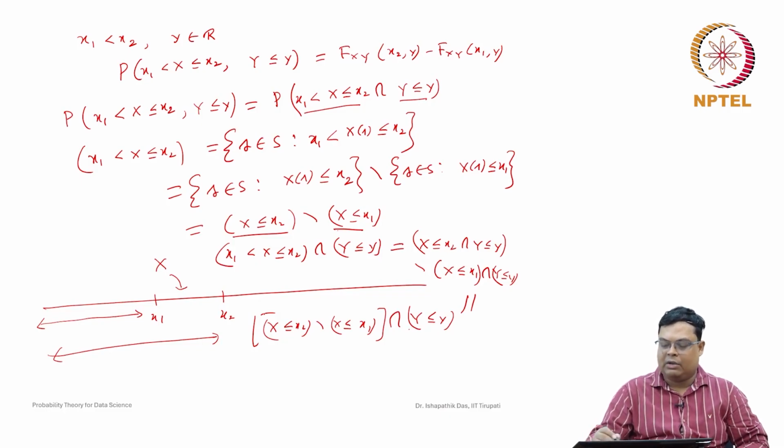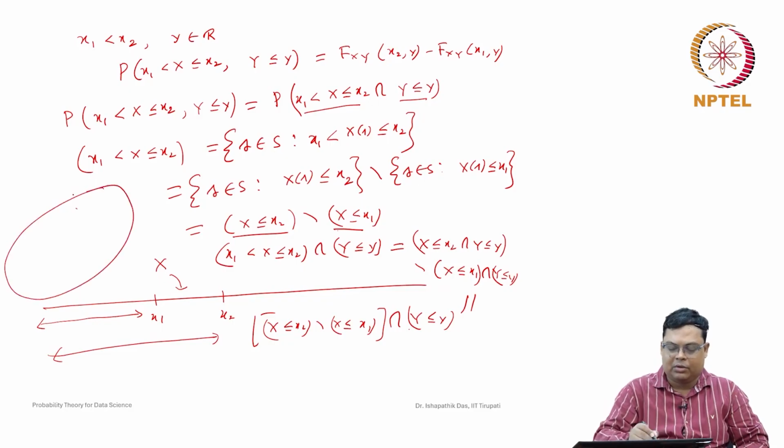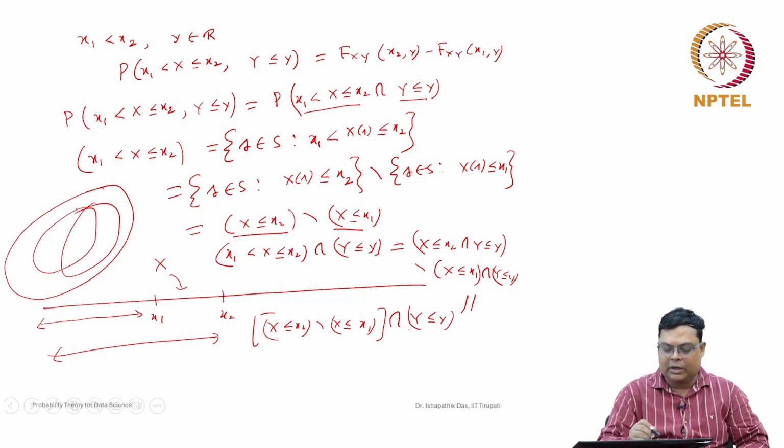You can understand it this way, or you can also use a Venn diagram. So suppose this is X less than or equal to x2, and actually, one minute, there is some other importance also.